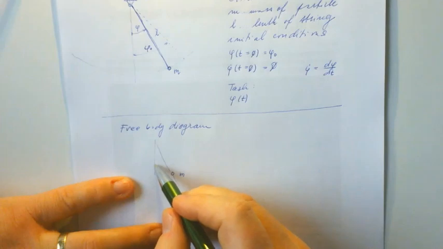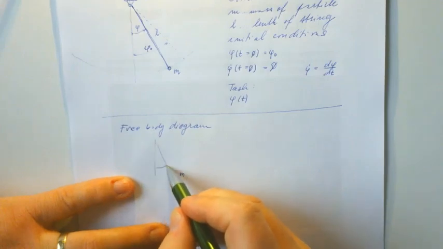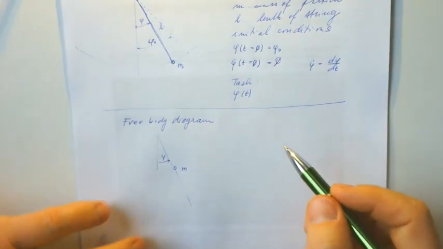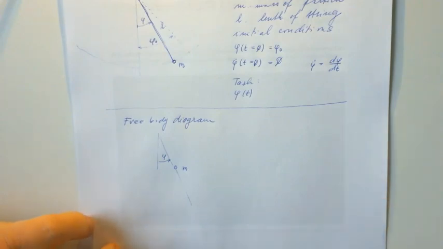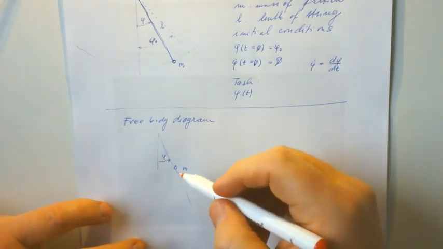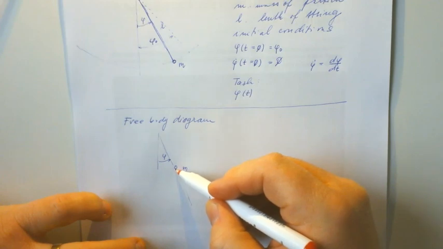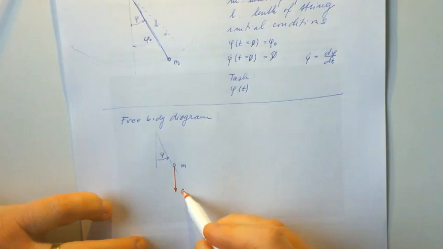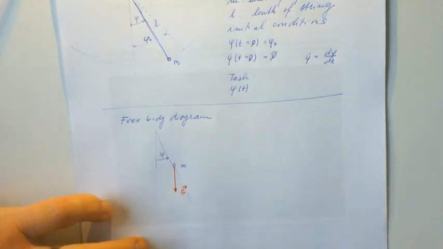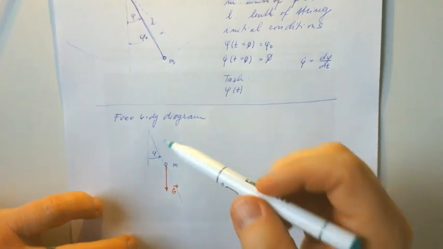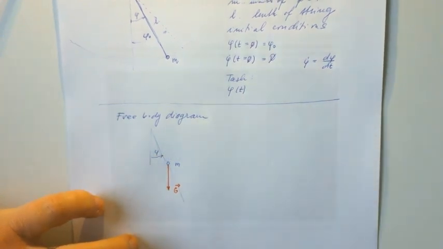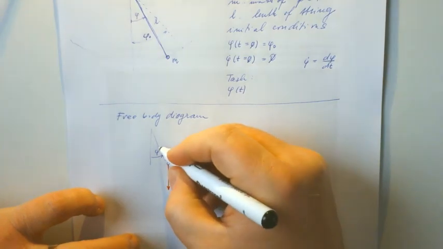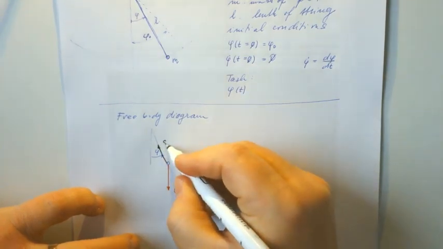This angle is phi, and we must draw forces acting on this particle. So vertically there acts gravity force. In this string we have reactional force, so this is a force in the string S.